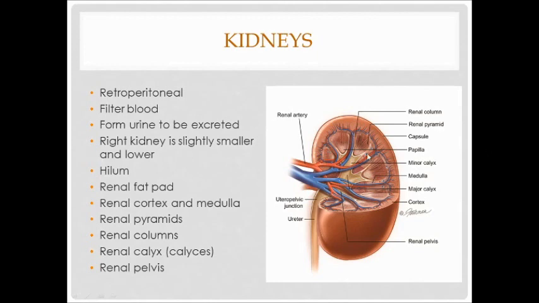Those filter into the minor and major calyces, which are these inner portions, and those filter into a renal pelvis. All of these structures within the kidney function to concentrate the urine and filter it, and then the urine will collect in this renal pelvis in order to be excreted from the kidneys and into the ureters.